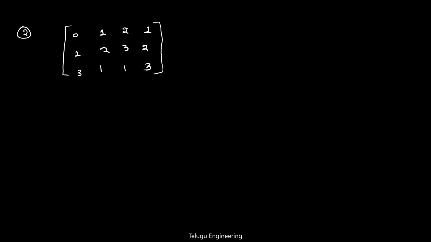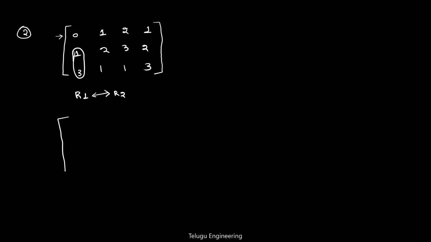What we need to do first is convert these two elements to 0. Here the first row already contains 0, so just exchange it. That means interchange R1 and R2.